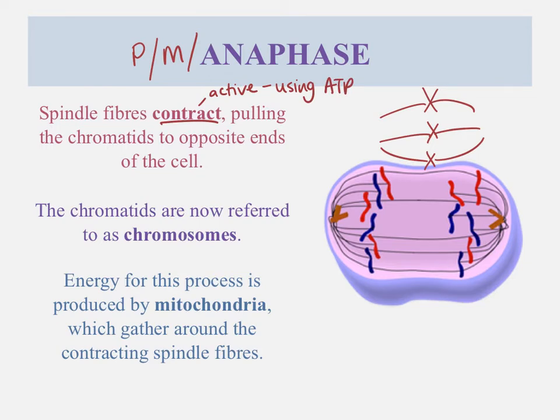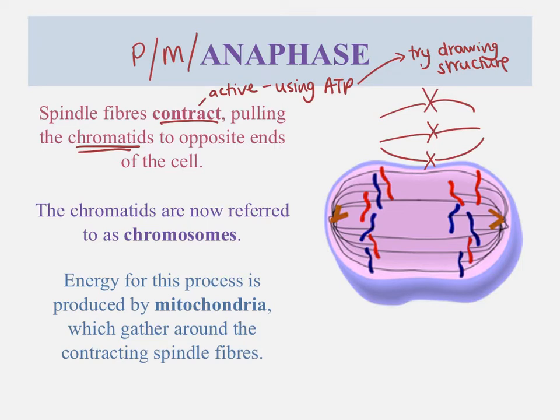Okay, and remember, if you want to have a little recap, try drawing the structure of ATP now. Now what we've got is that contraction of the spindle fibres pulls the chromatids, those arms, to the opposite ends of the cell. Now I've made a bit of a boo-boo.